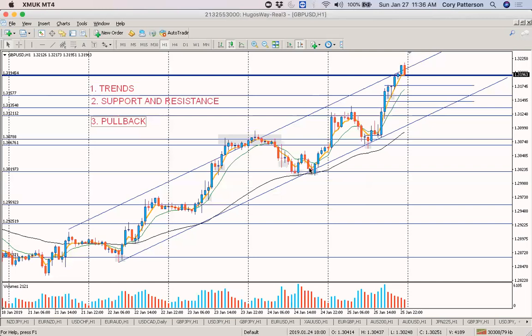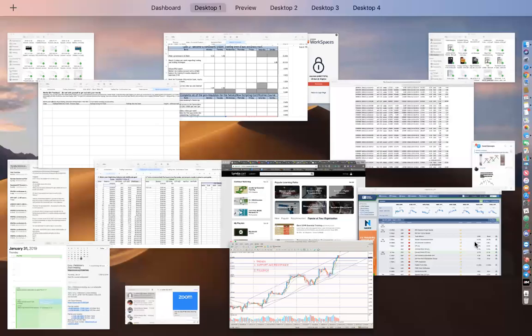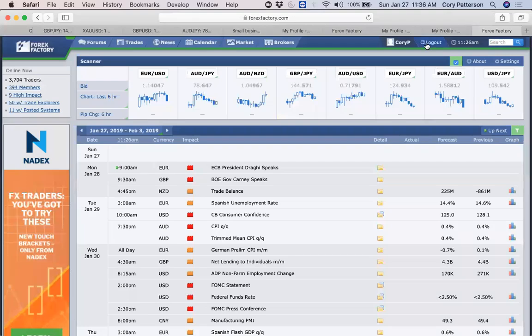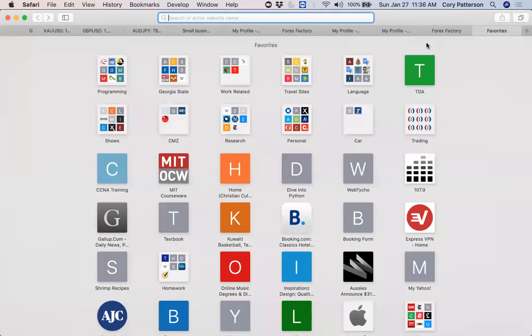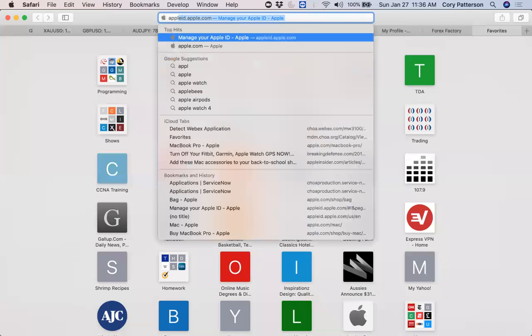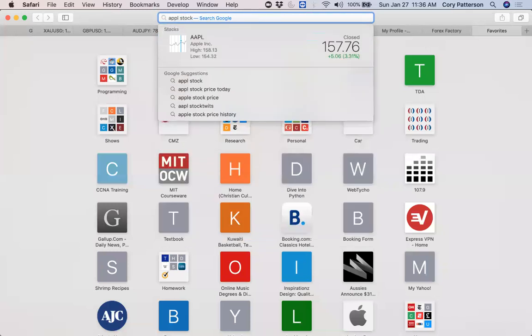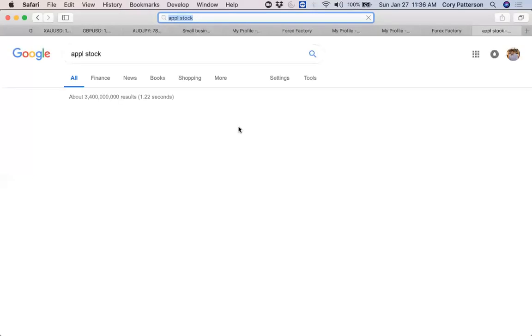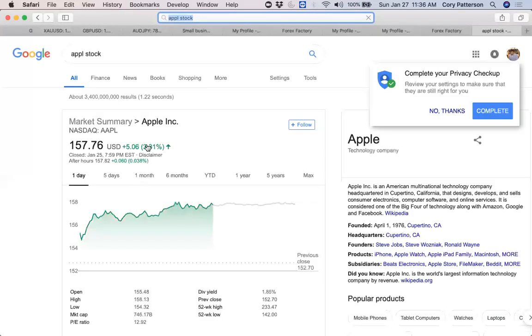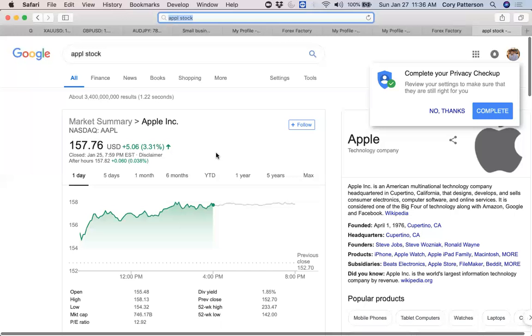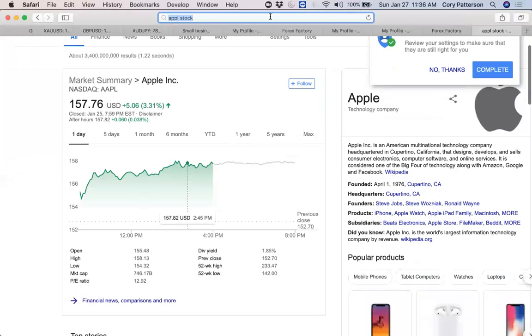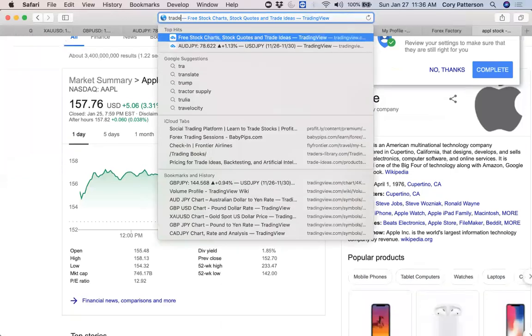If you're trading gold, or if you're trading Apple, we can look at, let me pull up Apple stock, AAPL. You'll see the same types of behavior. Actually, let me go to TradingView.